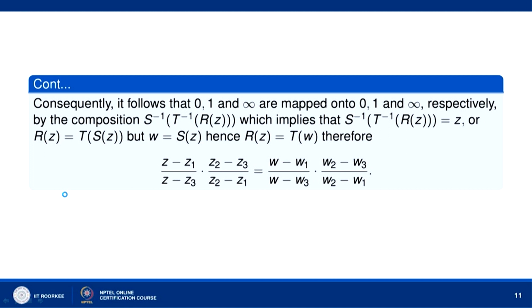Now, consequently, it follows that 0, 1, infinity are mapped onto 0, 1, infinity respectively by this composition. So, let us look at this composition S inverse T inverse Rz. How do we get that 0, 1, infinity are mapped into 0, 1, infinity? S inverse T inverse Rz did what?